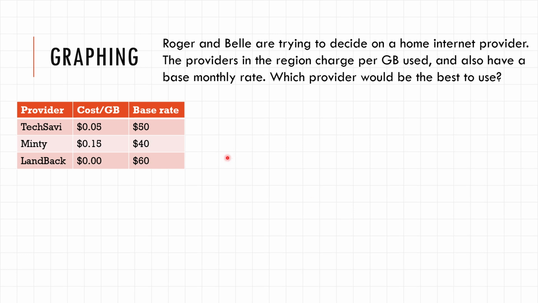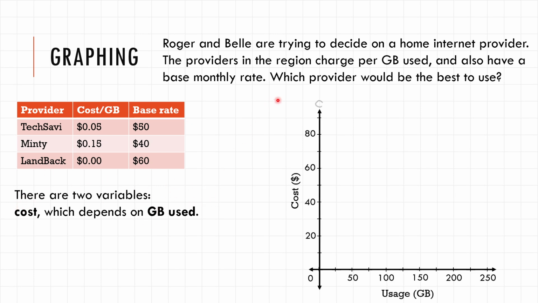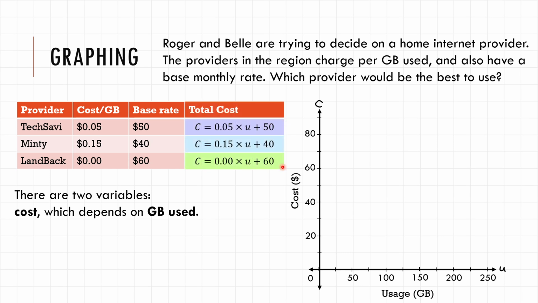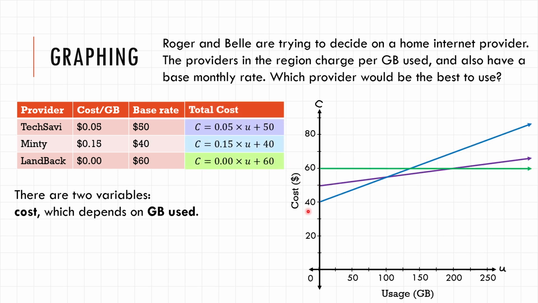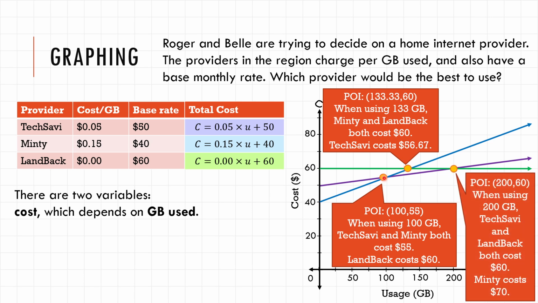If you do need graphing technology, when you're encountering a problem and you can create some linear relations out of it, for example, in this one, this is a relationship between the cost and the number of gigabytes used, you can graph those two lines once you've come up with their equations. You can do that by hand or using technology. Looking at the graph, you can see that the points might intersect. Every pair of lines will intersect at least once.